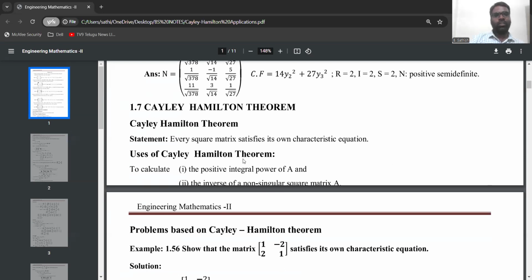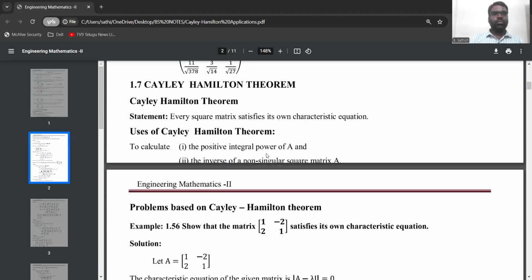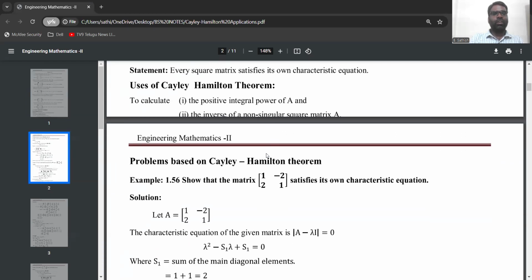The statement of the Cayley-Hamilton theorem is: every square matrix satisfies its own characteristic equation. So whenever we have a square matrix, it satisfies its characteristic equation.